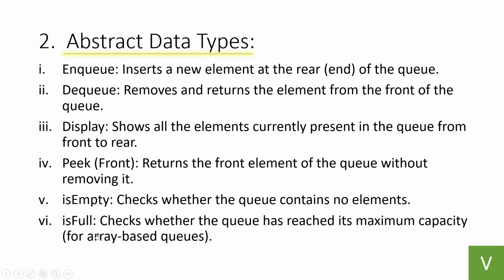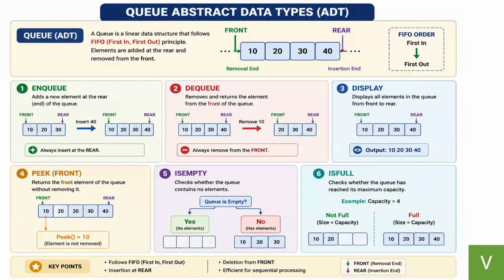Now let us understand clearly with the help of an example. Let us consider a queue of initially 3 elements, 10, 20 and 30. The front corresponds to the element 10 and the rear corresponds to the element 30. If we want to enqueue the element 40, then we insert the element 40 and the rear value gets updated.